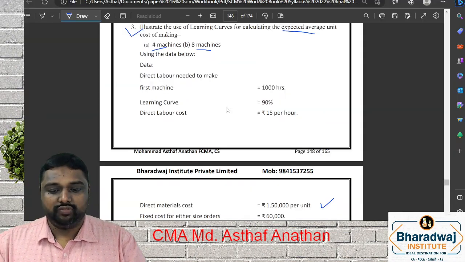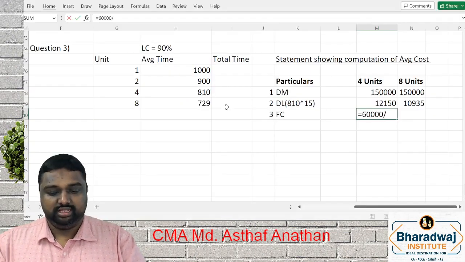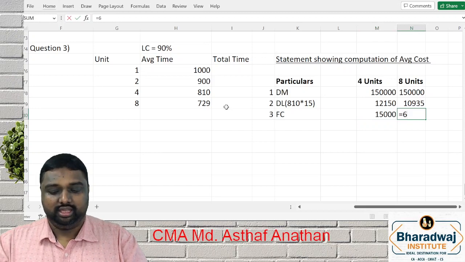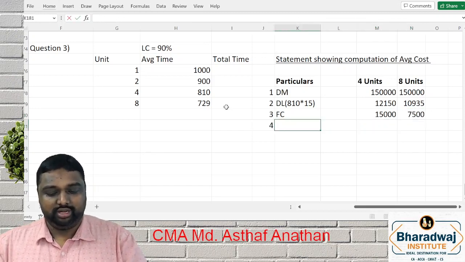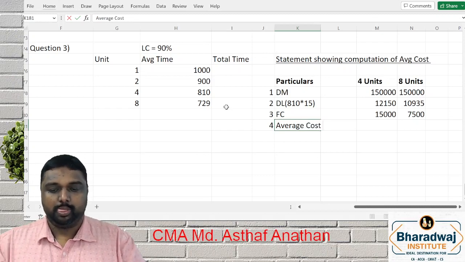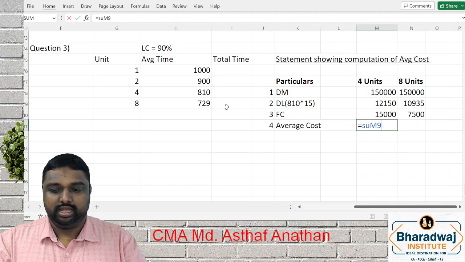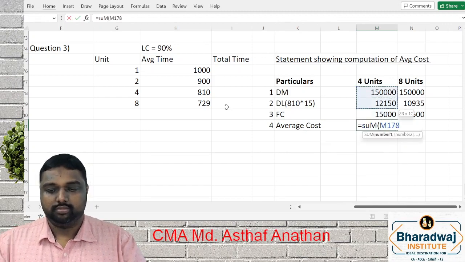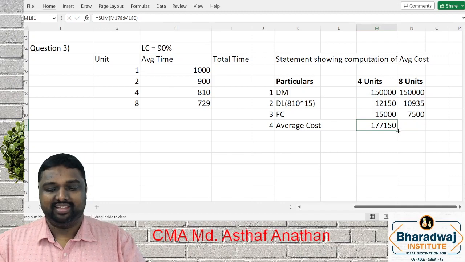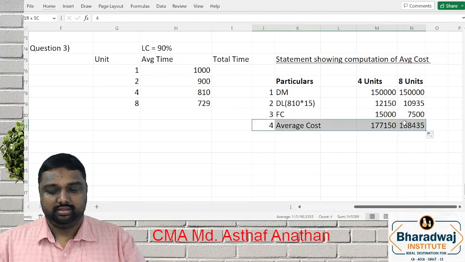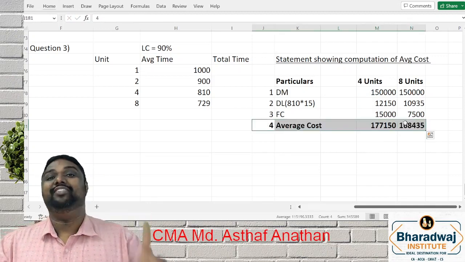So the total fixed cost is 60, this is for 4 units. Here total fixed cost, this is for 8 units. Actually, this is your answer. Average cost. What is the answer? 1,77,150. Super.